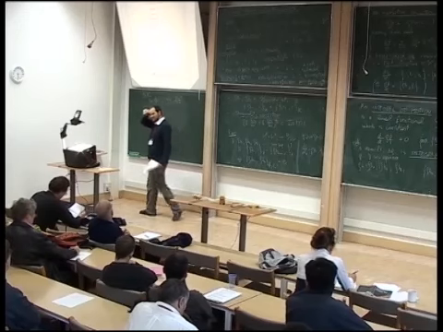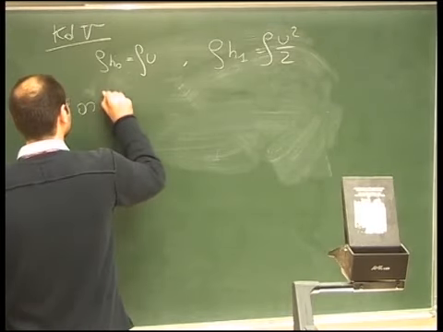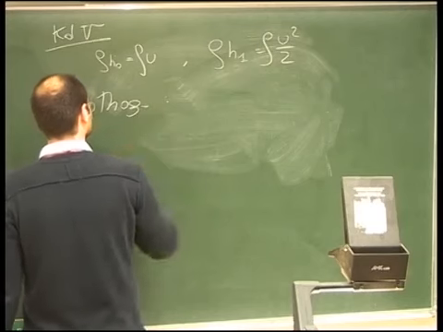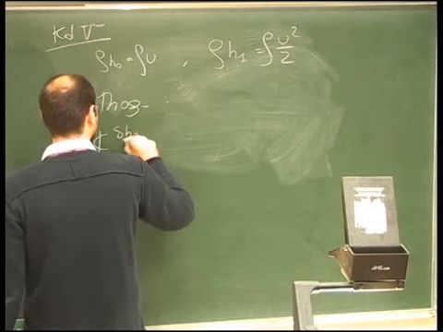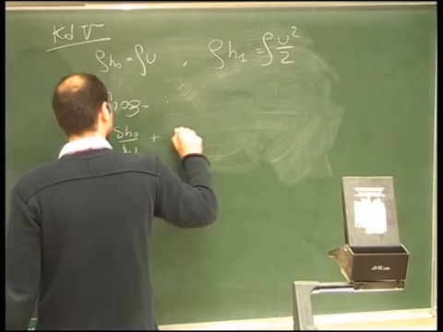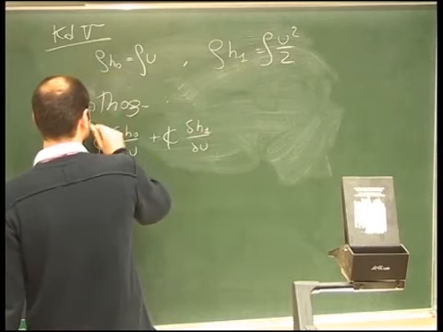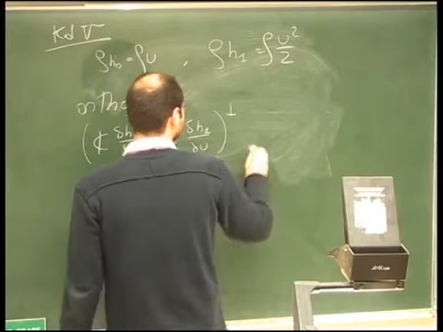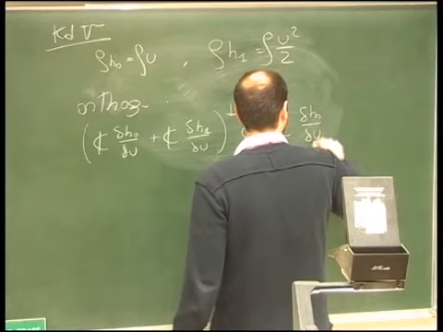Okay. And let's check the orthogonality condition. Well, we have to take the orthogonal complement to the variational derivative of H0 and the variational derivative of H1. This is clearly inside the orthogonal complement to the variational derivative of H0.